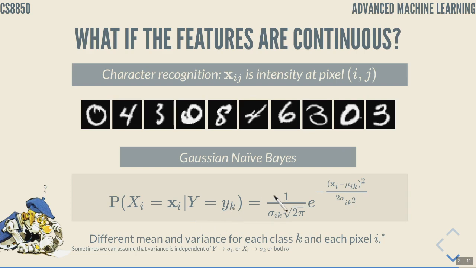So for each class, it's a different Gaussian with different parameters, and we can fit those parameters for each class, each pixel. So 10 classes, 700 and something pixels. That will be our product of the pixels.